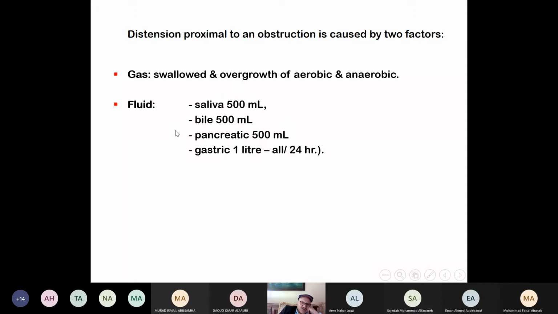So you have 2 to 3 liters of fluids poured in the intestine daily, even if you don't eat or drink. And these are reabsorbed by the intestine. When there is obstruction, the function of the intestine will be impaired and the absorption capacity will be impaired. So the fluid will accumulate.